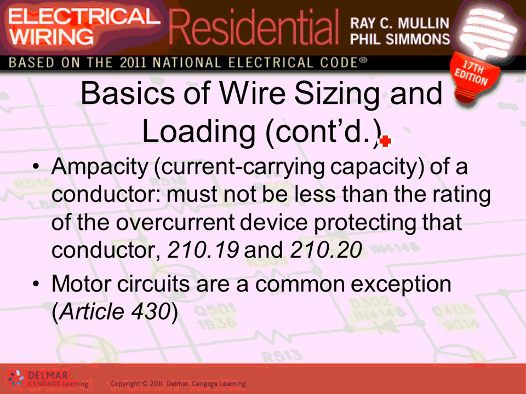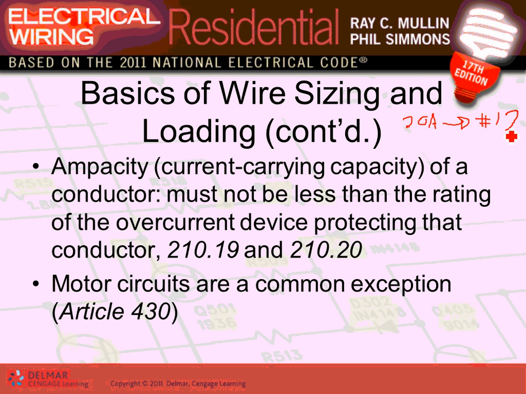Okay, ampacity. We have a concept called ampacity of conductors, guys. We'll be talking about this as we go through. Ampacity must not be less than the rating of the overcurrent device protecting that conductor. So, for example, if I have a 20 amp circuit breaker, the conductor that can land on it cannot be smaller than number 12.